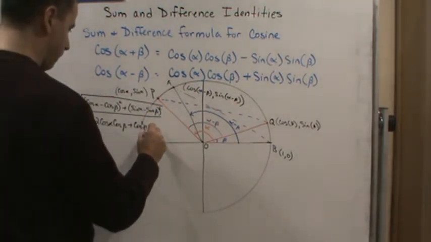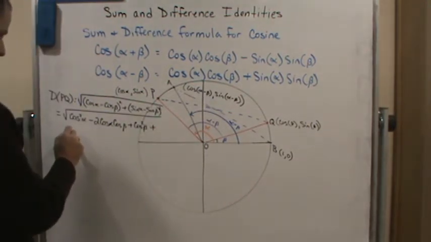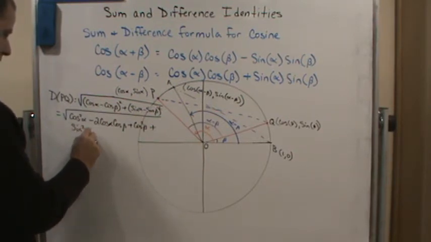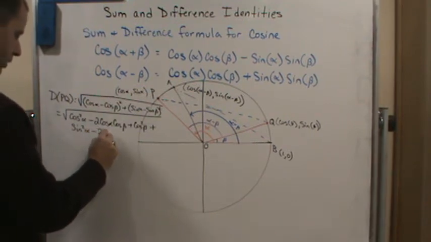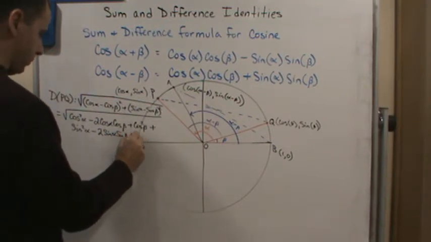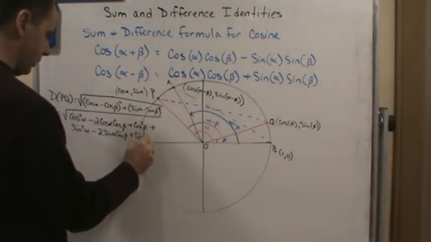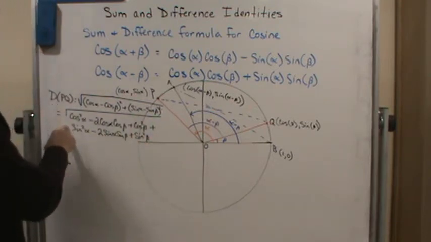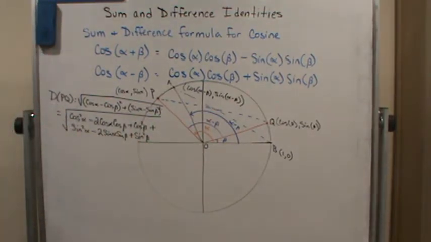Now we're going to do plus, and I'm going to continue underneath here, sine squared alpha minus 2 sine alpha sine beta plus sine squared beta. Okay, so now that's all underneath the radical.